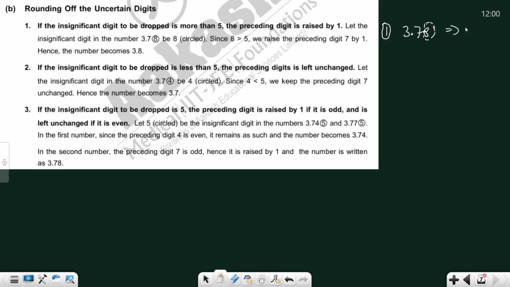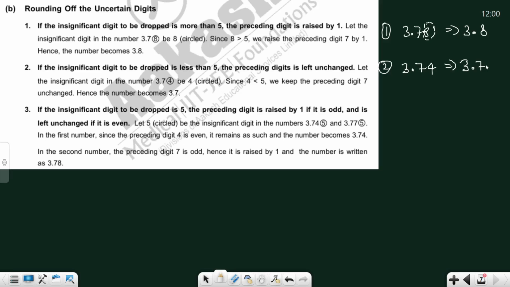You will make it 3.8. Any issue with that? It cannot be an issue for anyone. If it is less than 5, like 4, then what will happen? It will be 3.7. Clear or not? Any doubt?